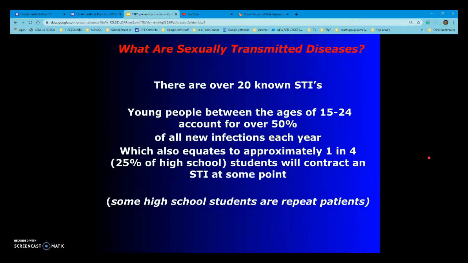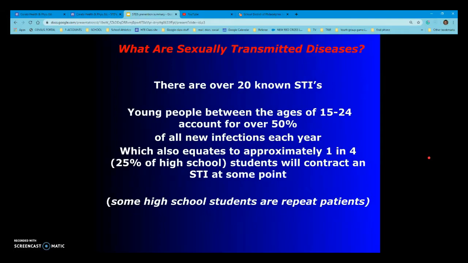But a little note about statistics, keep in mind that it says 50% of all new infections each year. So if there are 100 people and 51 people get an infection, then that's over 50%. That obviously makes sense, but it also means the same person could get 2 infections each year. Maybe somebody is infected with chlamydia in January, and then in July they get infected with chlamydia again.